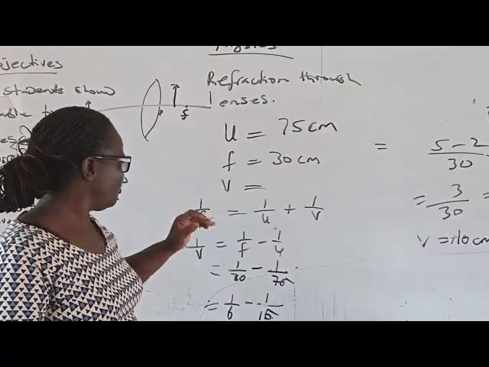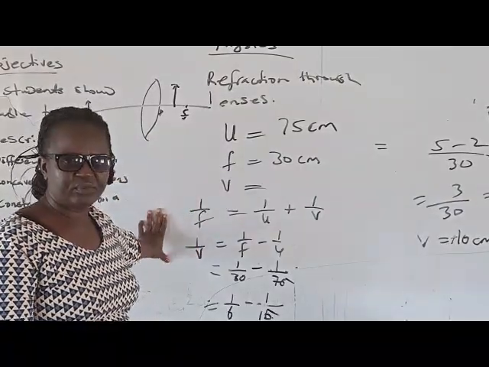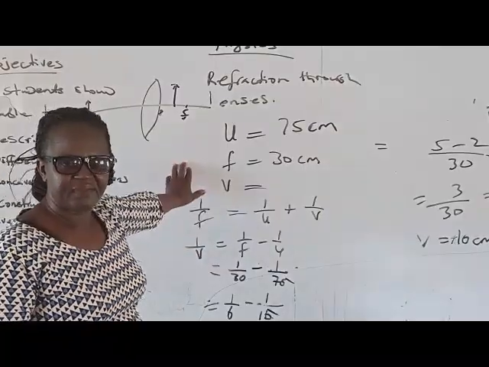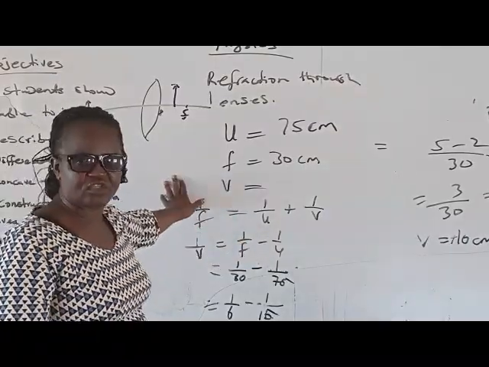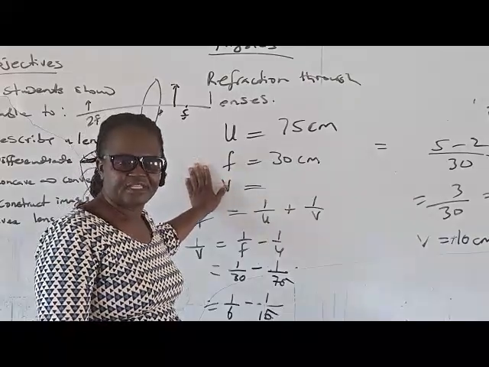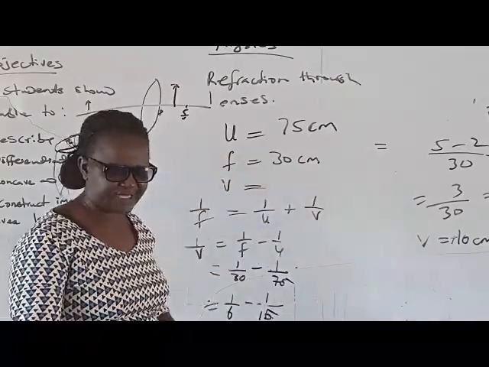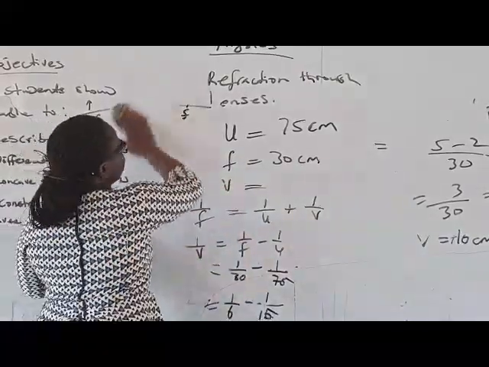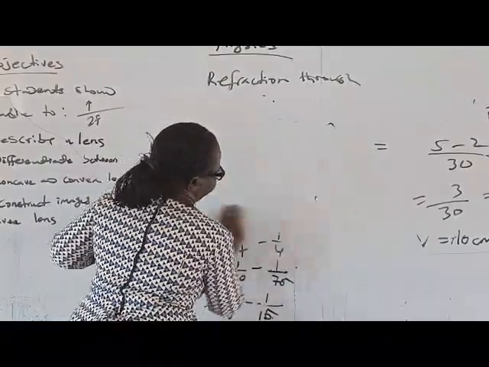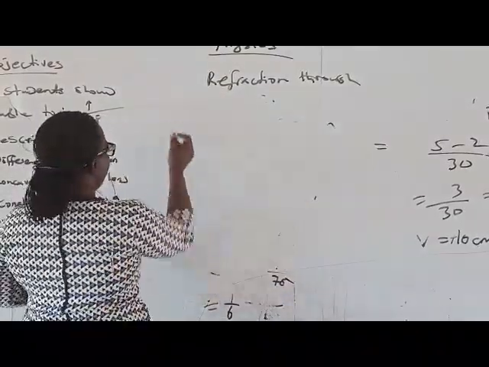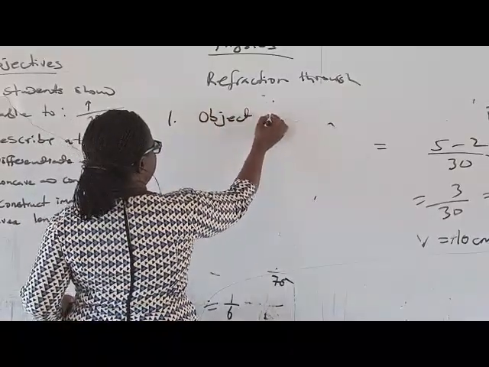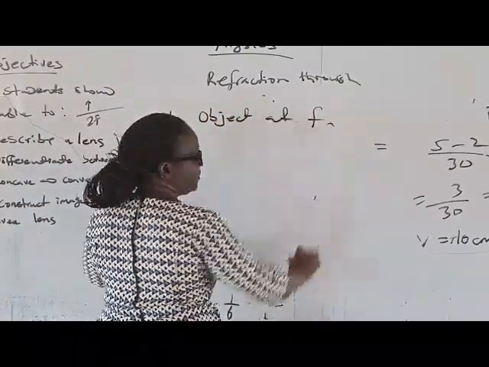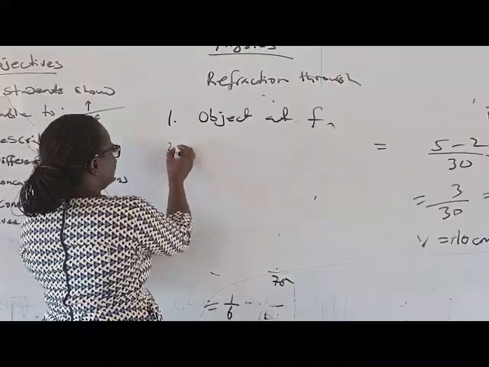I expect that you go back and look at more examples on the lens formula and the power of the lens. You also try to construct those images giving different object distances. I'm going to list the object distances for you to try at home. 1. Place the object at F, the principal focus. 2.